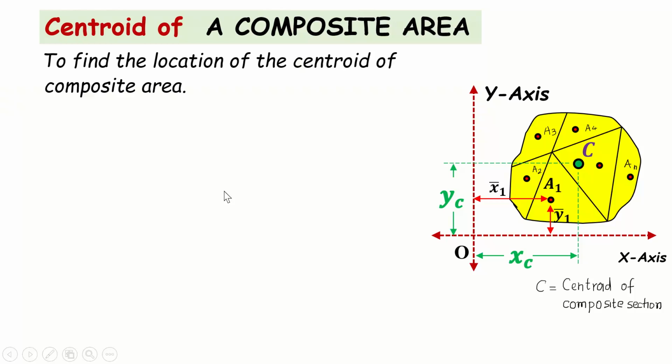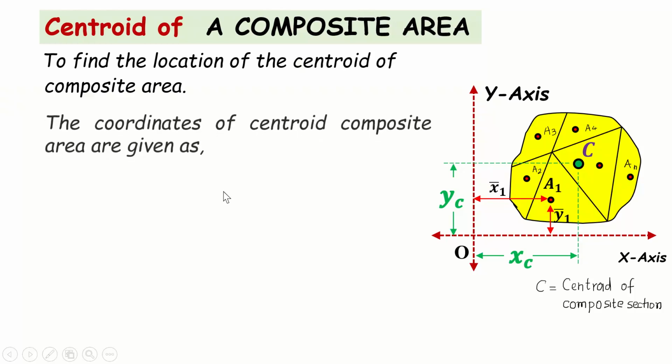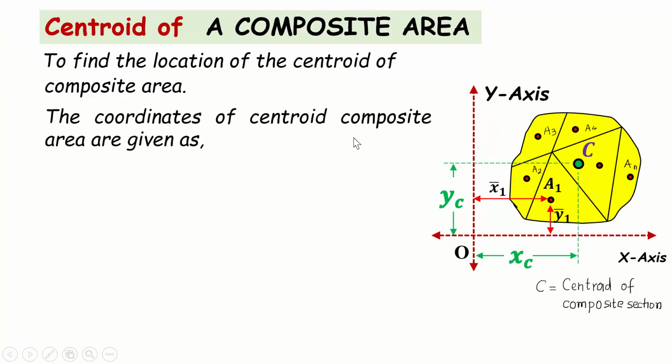So let's see what is the procedure, how we can find out the coordinates of centroid for a composite area. There is a simple mathematical expression. Suppose I want to find the x coordinate of centroid, which I am calling xc, friends. In this case, we take the moment of all individual areas, like x1 bar multiplied by A1.